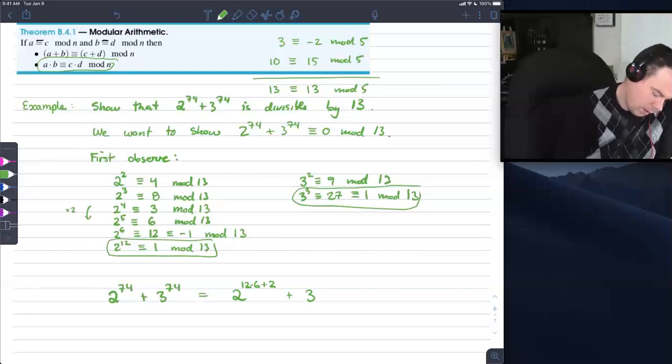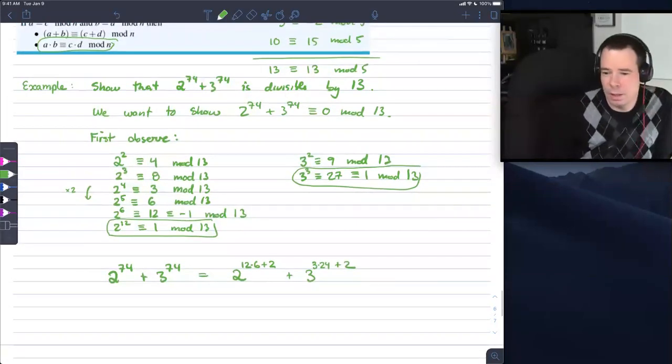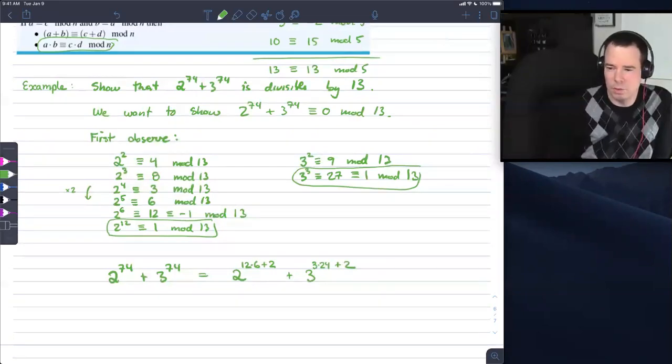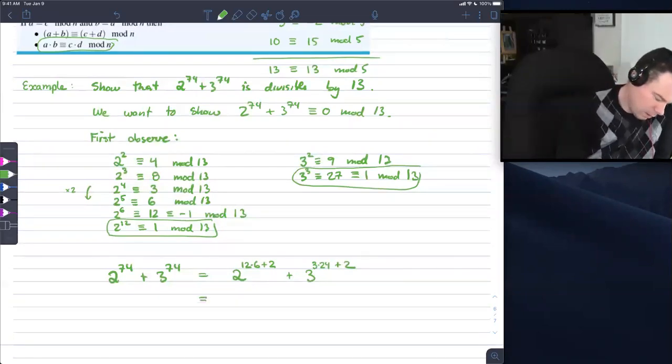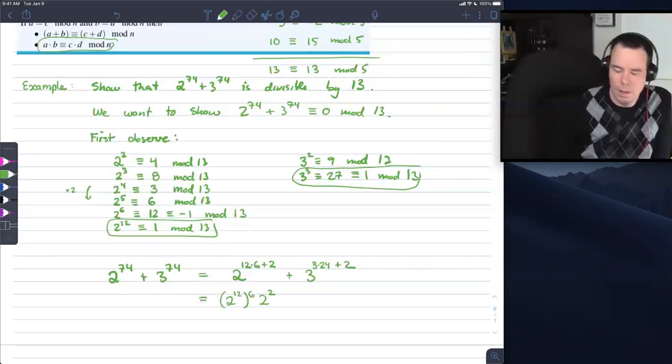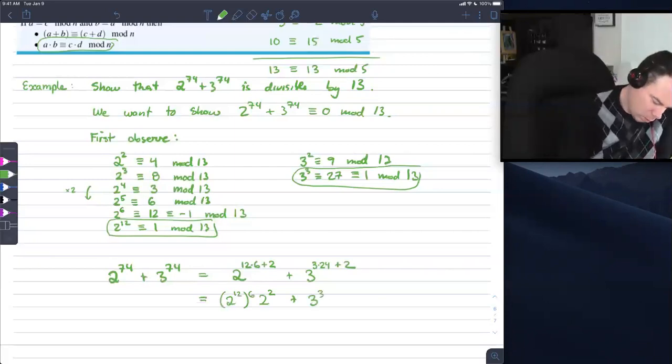And 3 goes into 74 24 times, so that's 3 times 24, which is 72, plus 2. So all I've done is rewrite my exponent 74 in two convenient ways, because this becomes 2 to the 12 to the power of 6 times 2 squared. And this next one becomes 3 cubed to the 24 times 3 squared.